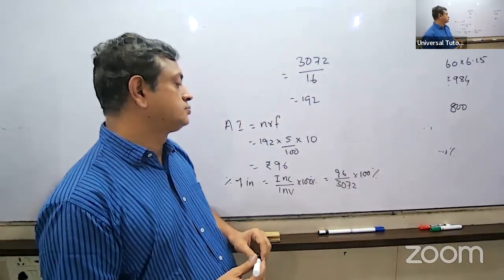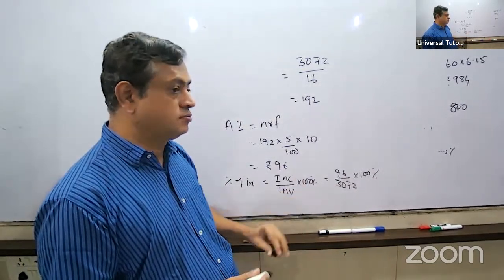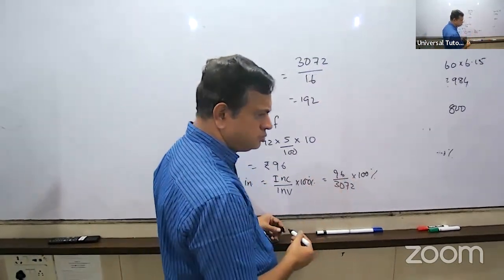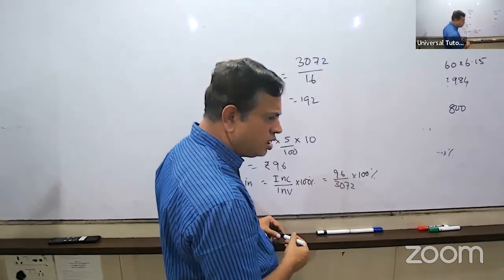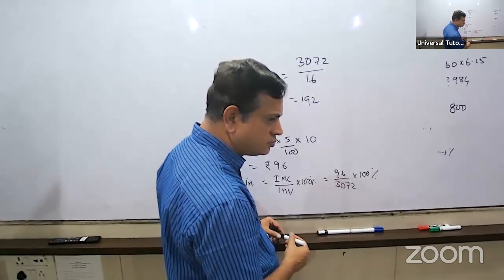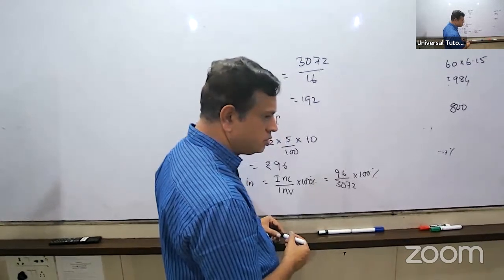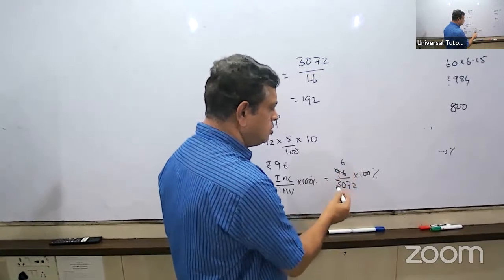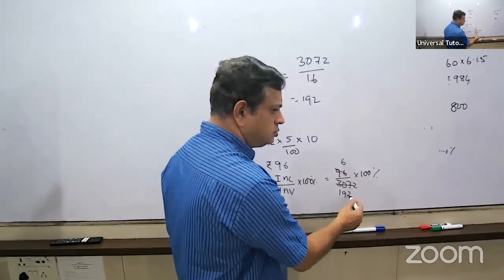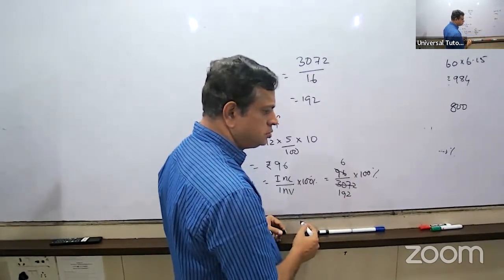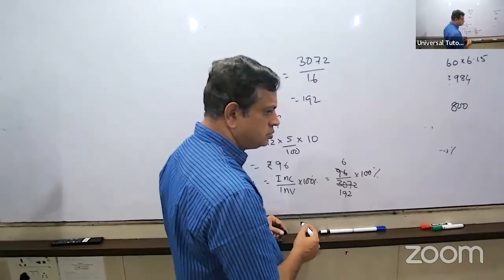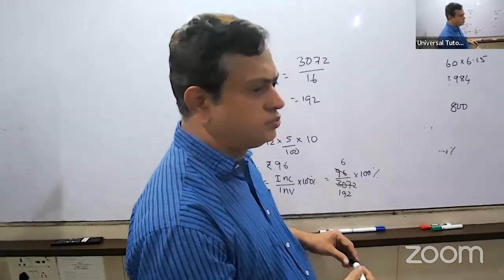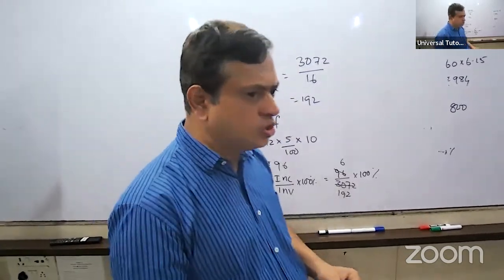16 sixes are 96, 192. Wrong. 0 point. What is 0 point? 32 upon 100. 100 by 32.